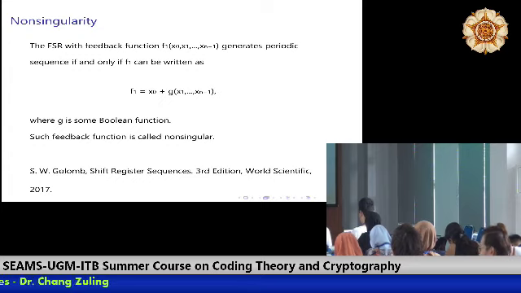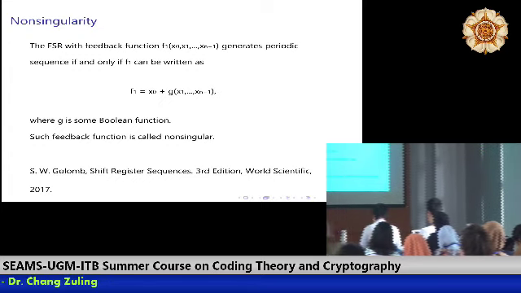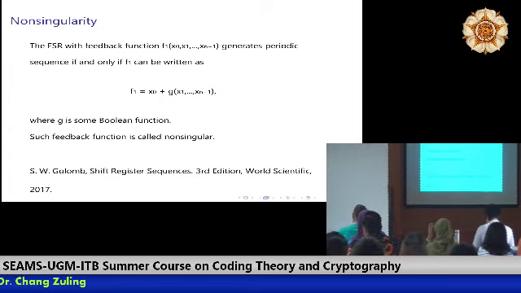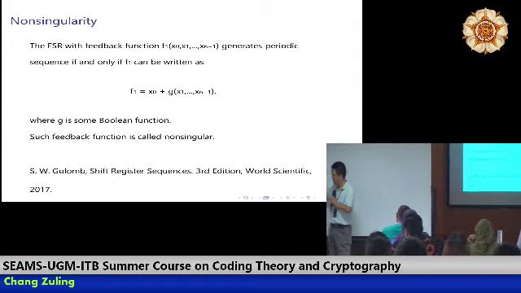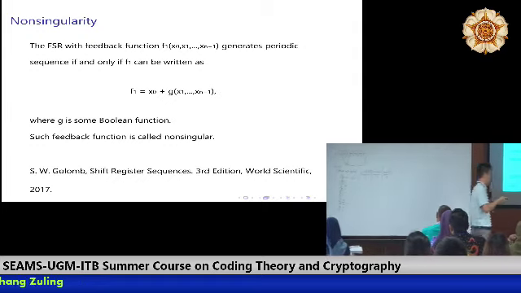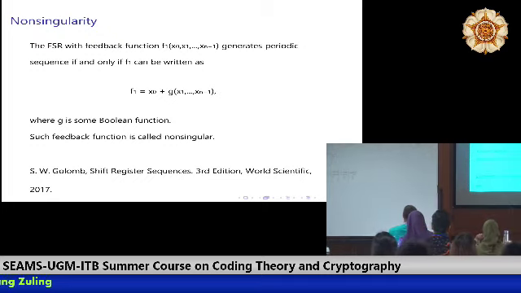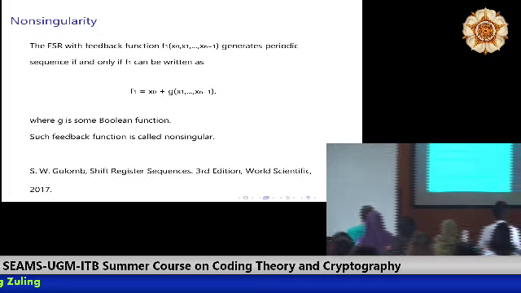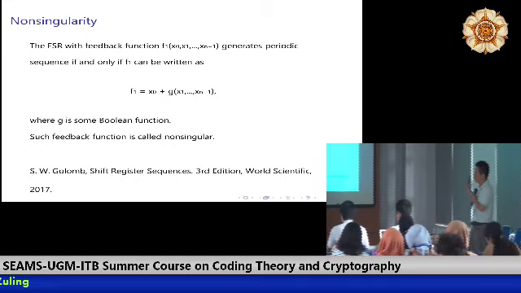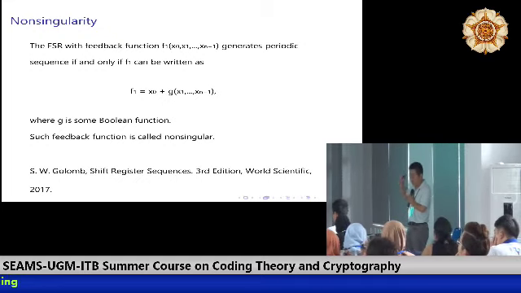Some feedback functions will generate a periodic sequence, but some feedback functions will not. There is a theorem about when we generate a periodic sequence.